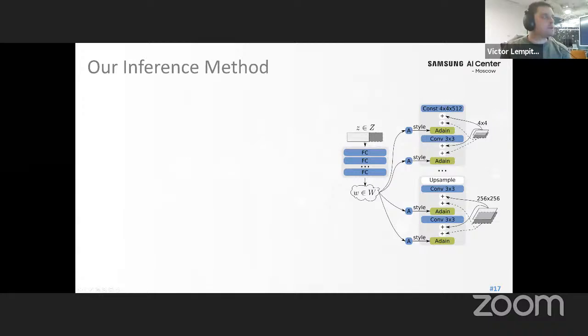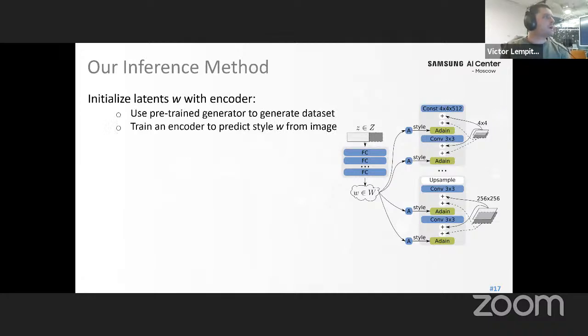What we do is we initialize latent variables W with a specially pre-trained encoder network, and the encoder network is trained on a synthetic data set. We generate a lot of samples from our generator, and then we train an encoder to predict the style W variable from those synthetic examples.